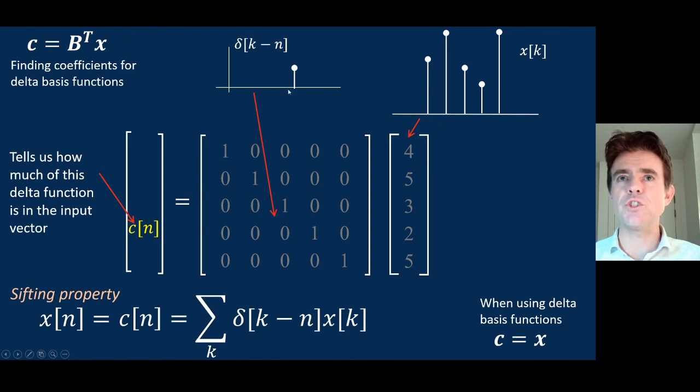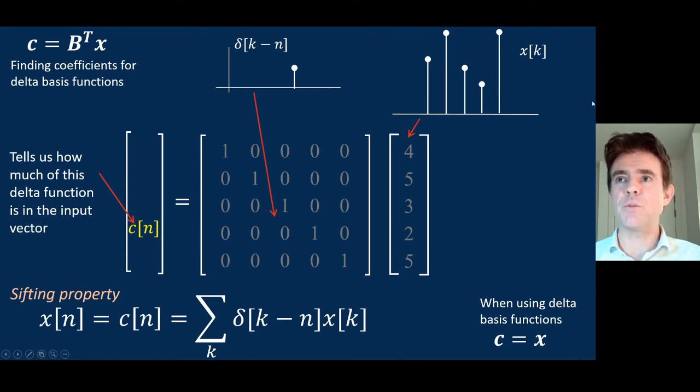If the delta function is shifted to here, it gets multiplied point by point with this function, this vector. It will just pick out that value, because elsewhere, to the left and right of that delta function, we have zeros. So all of those go to zero, and it just leaves that value there.